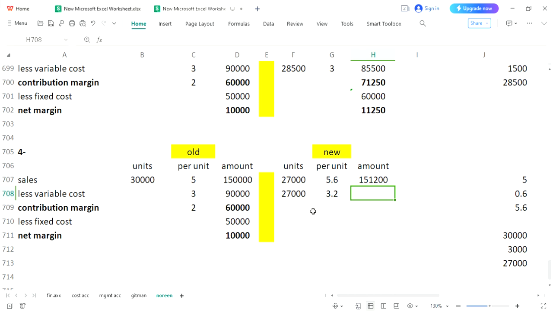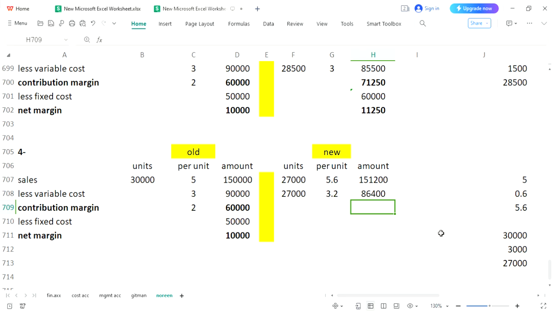So the total sale price has arrived. Now for variable cost, you need to multiply units with per unit cost. By multiplying 27,000 with 3.2, you have got your variable cost.